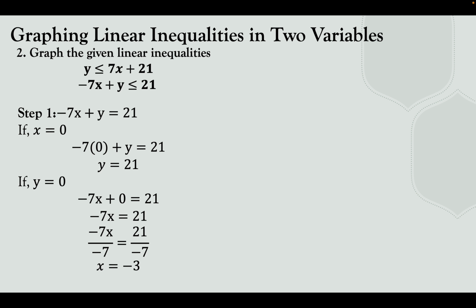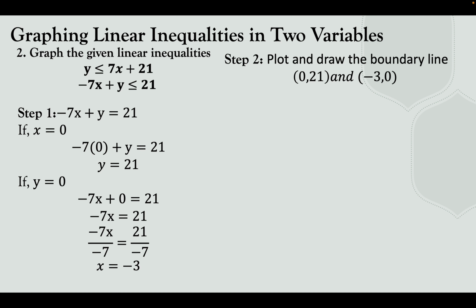So x is equal to 21 divided by -7, which is -3. So we can now plot and draw the boundary line. If our x is 0, our y is 21. If our y is 0, our x is -3. Those are the points in your intercepts.